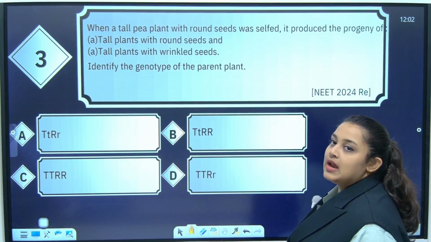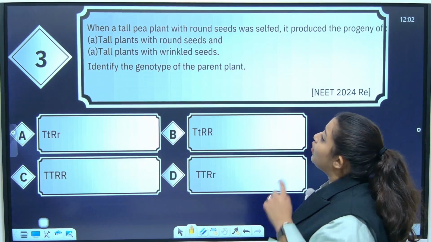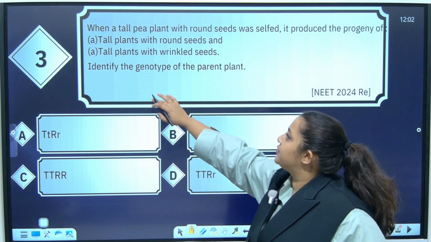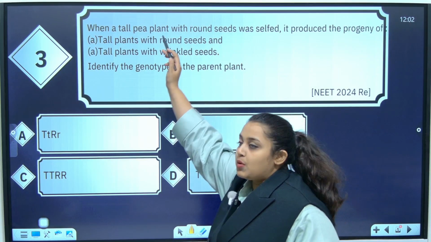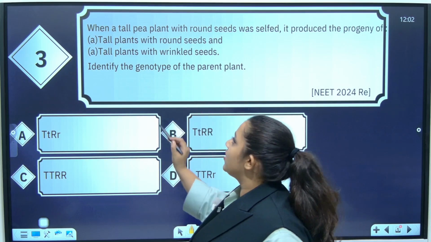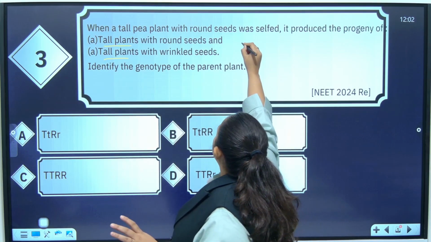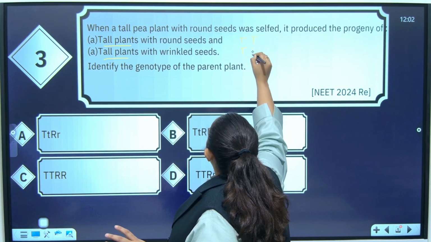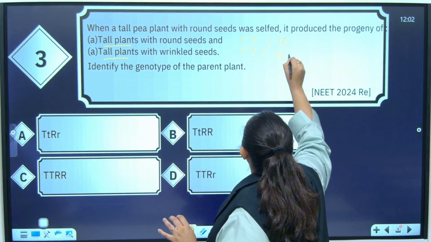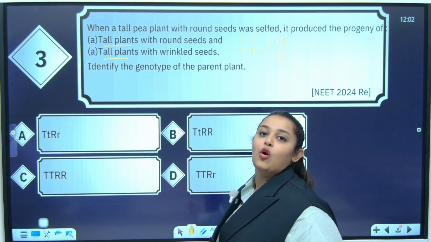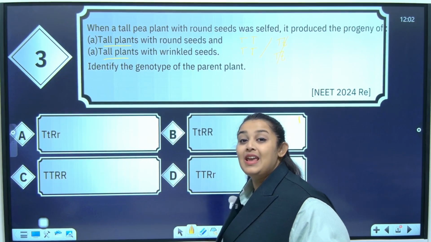Let's go to the next one. When a tall pea plant with round seeds was selfed, it produced progeny of so and so. These two options are given; find the genotype of the parent. Before going for the question, we need to see what we have here. In both these cases, please note we have tall. But because they've always mentioned tall and there is no chance of dwarf, we are cutting this possibility out.